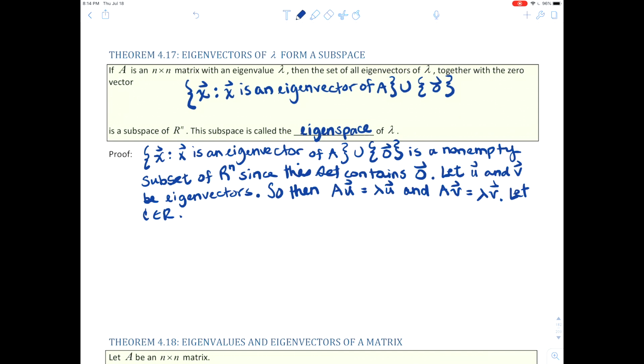So now we're all set to show closure under addition and scalar multiplication. So let's check it out.